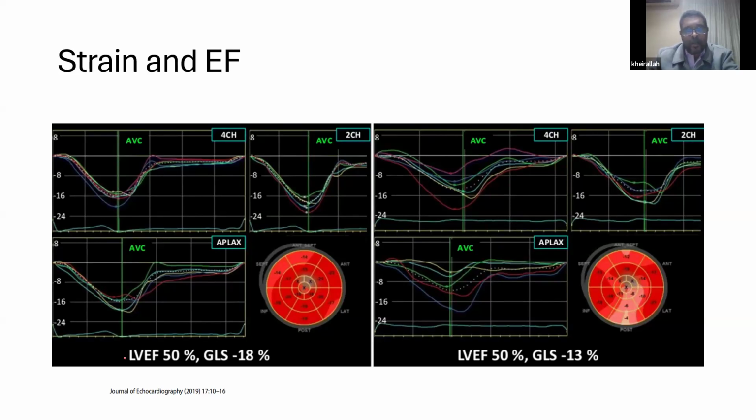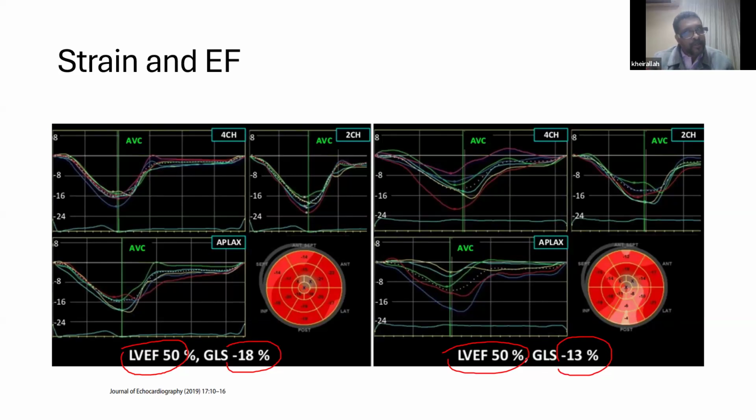Now look at this, for example. Here, the ejection fraction is 50%. Ejection fraction is 50%. But look here, the global longitudinal strain is minus 18%, and here is minus 13%. This emphasizes the fact that strain is a better evaluator of LV systolic function than ejection fraction.